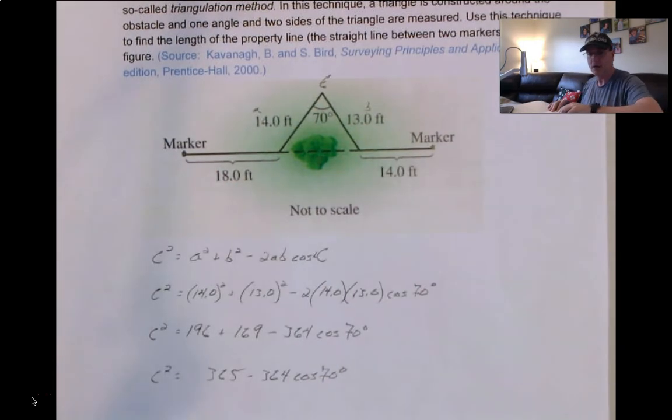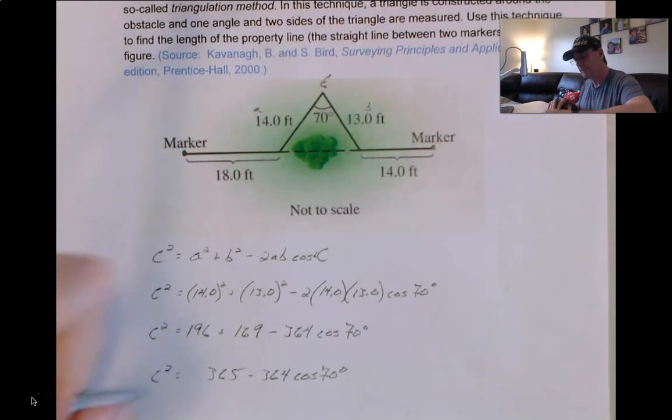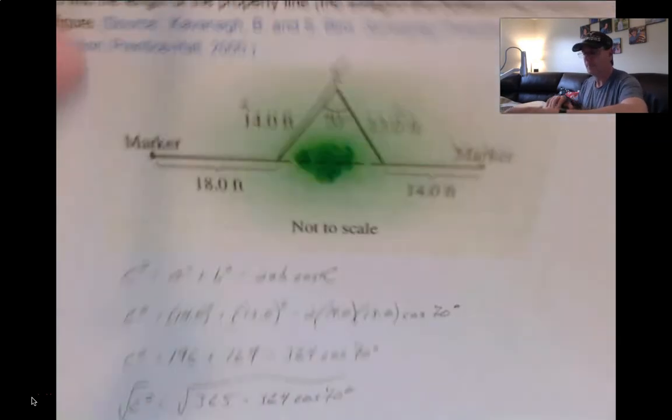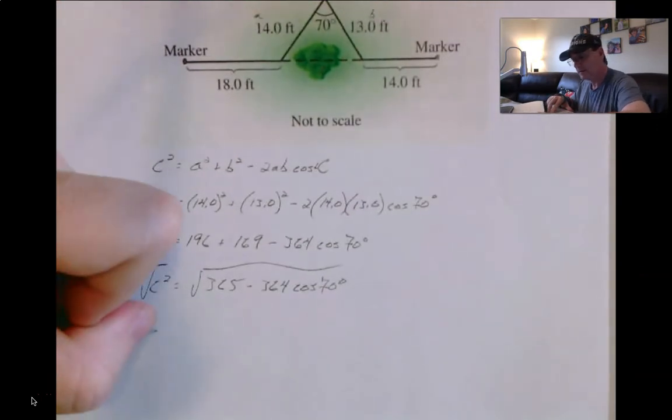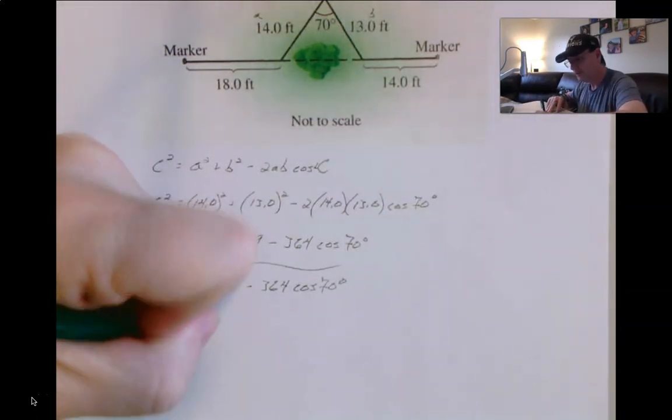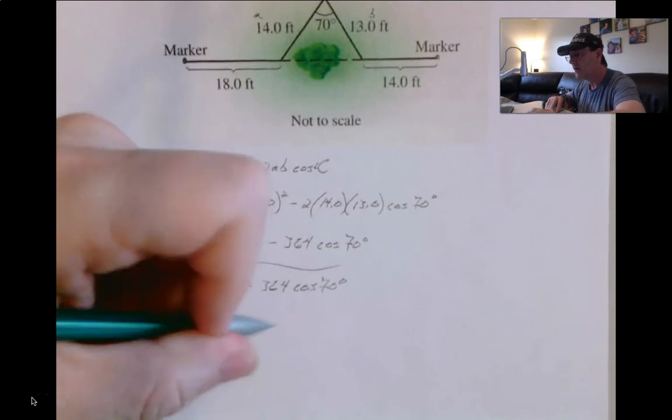Yet again, do not make the mistake of doing this subtraction. Square root both sides. C approximately equal to the square root of 365 minus 364 times cosine of 70 degrees. I get approximately 240.5. I got to square root that. So approximately 15.5 feet.